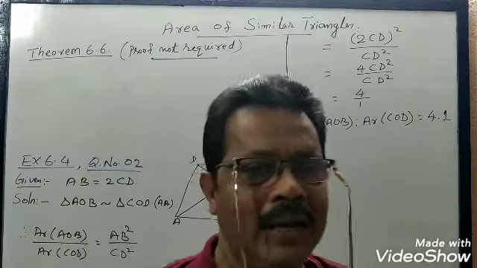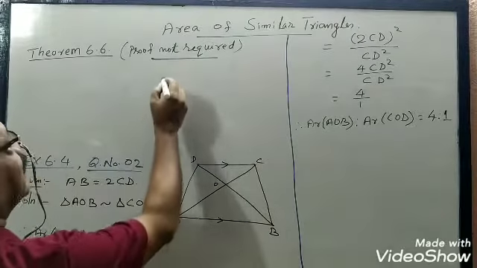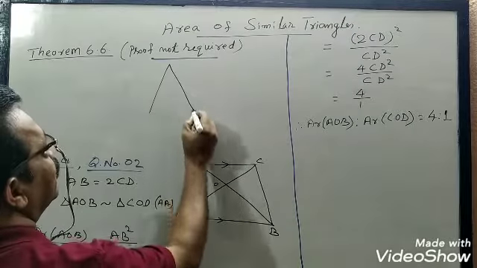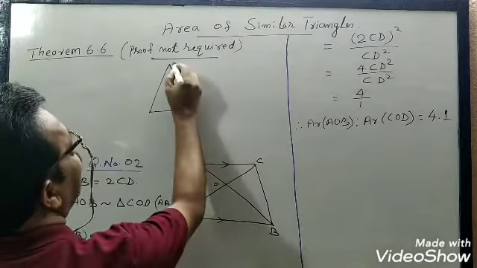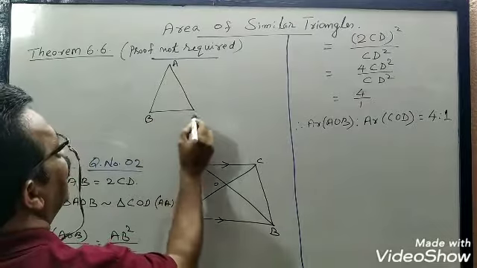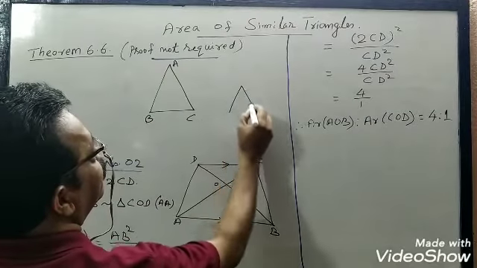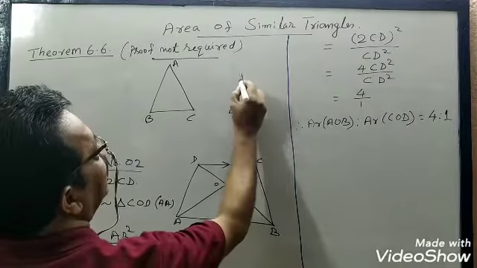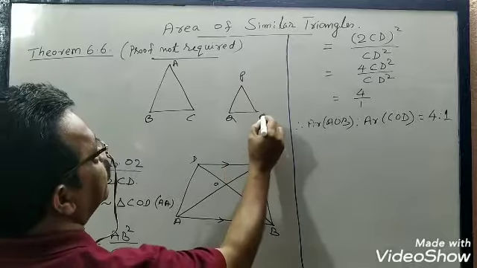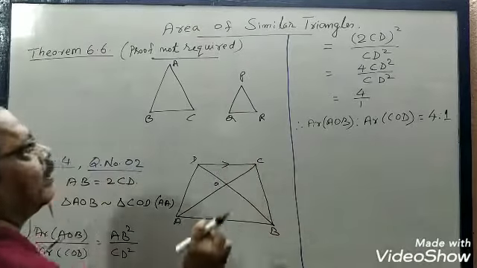That's the theorem. That is, suppose two triangles are similar, triangle ABC and triangle PQR. Triangle ABC and triangle PQR are similar, it is given.